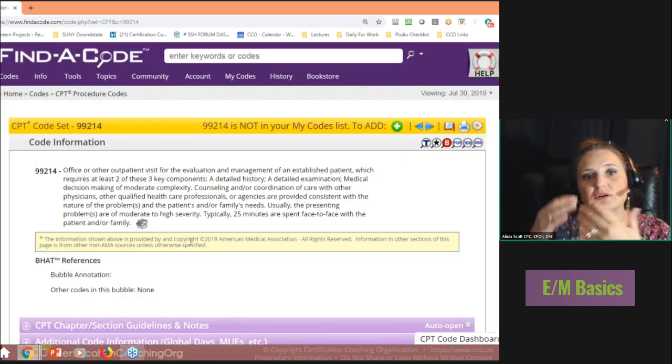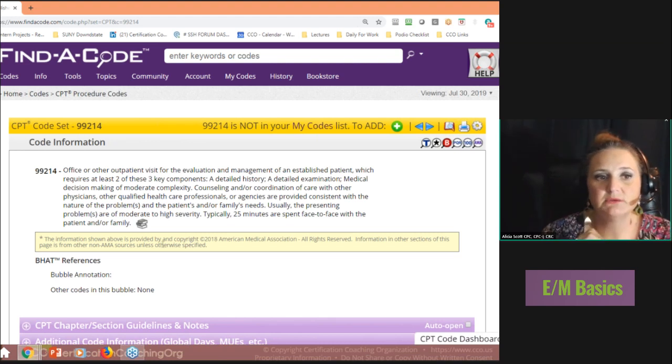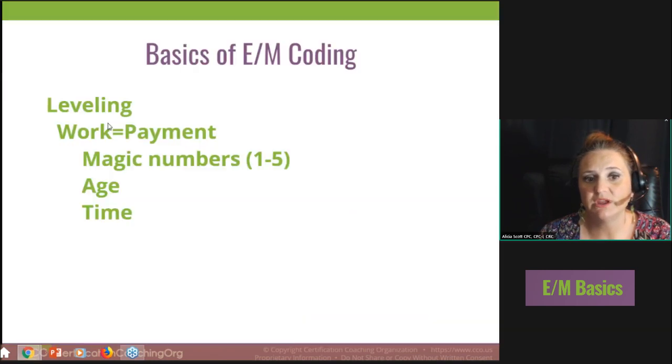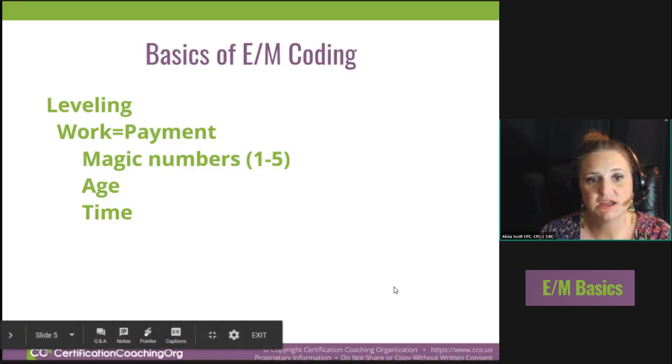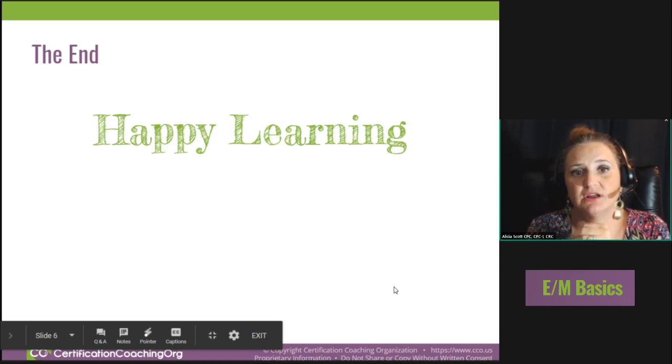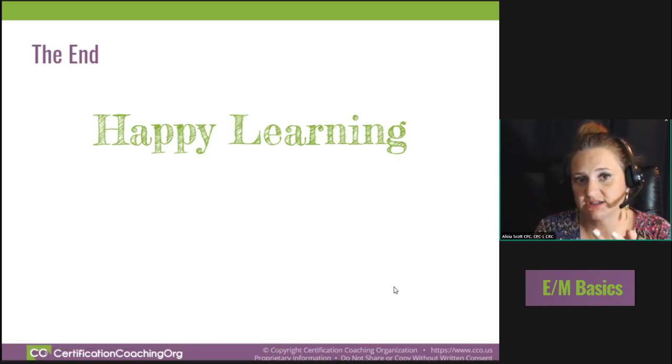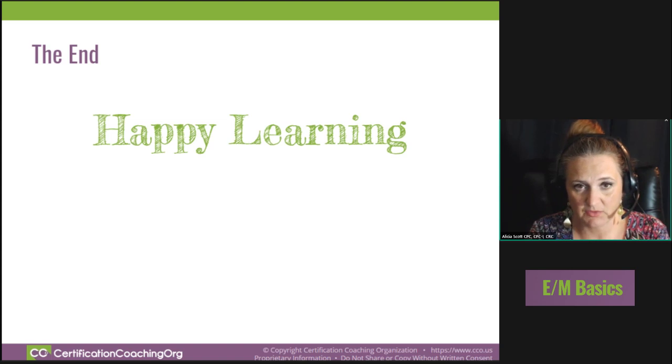Okay, so you are going to now know a little bit more about the codes themselves, the E&M codes, why we use the E&M codes. It's based on the provider needs to get reimbursed for the work that they do.